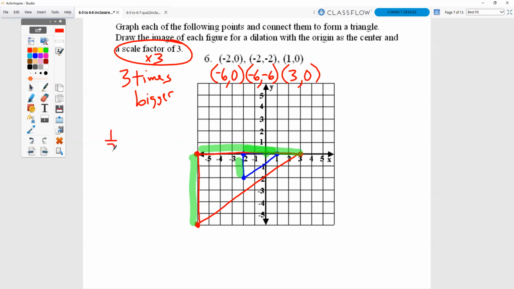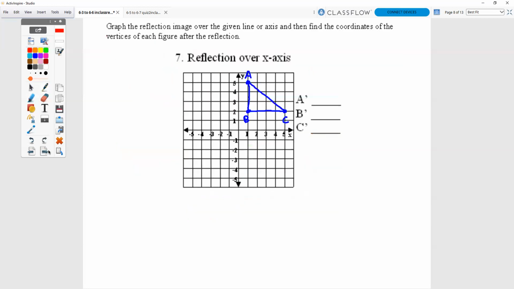If we were multiplying everything by 1/2, for example, if the scale factor was 1/2, then everything would be half the size of the original. So everything would be cut in two. It would be smaller than the original. Anytime that you're multiplying by a fraction like that, like 1/2 or 1/3, it's smaller. But we are multiplying by 3. That's why it got bigger.